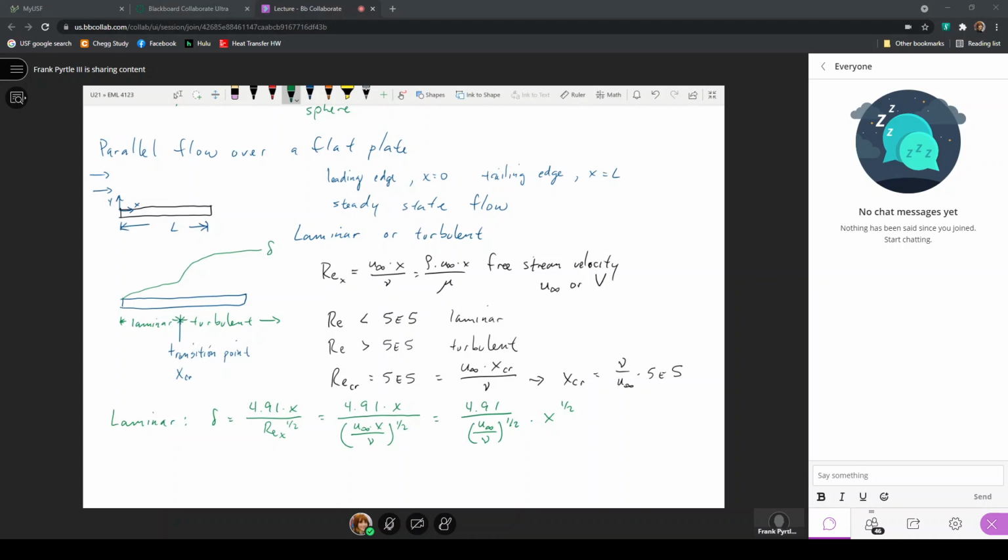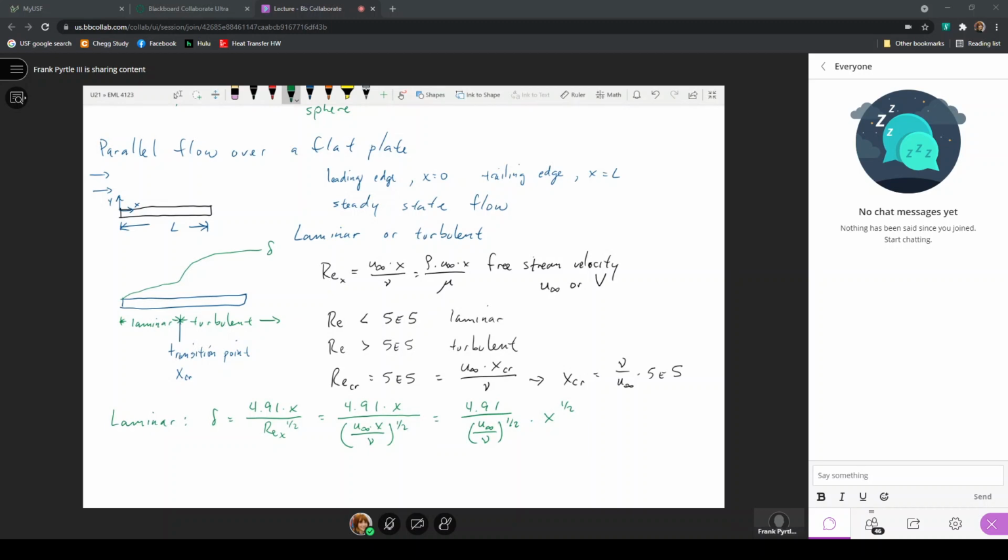And so as x increases, at x equals 0, the boundary layer thickness is 0. But as x increases, the boundary layer thickness increases with x to the 1/2 power.